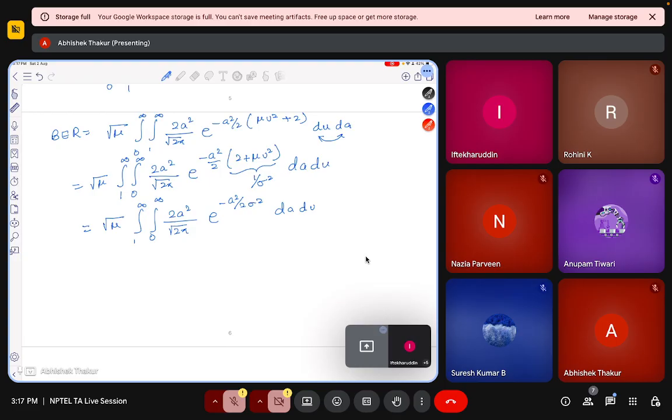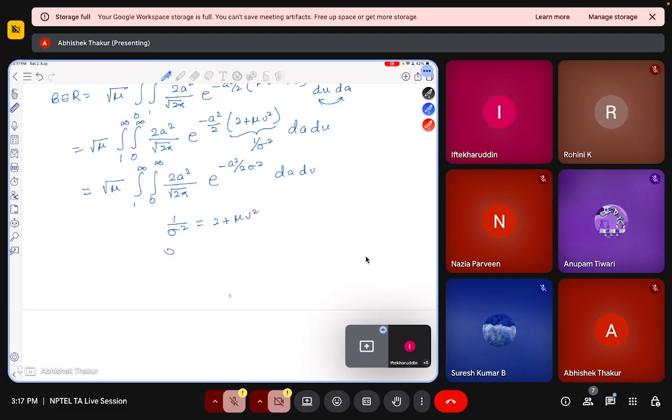So 1 by sigma square is given as 2 plus mu u squared.